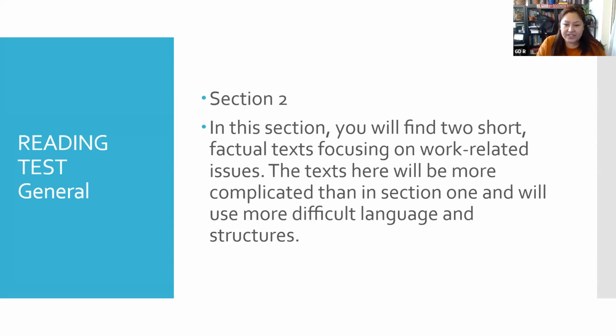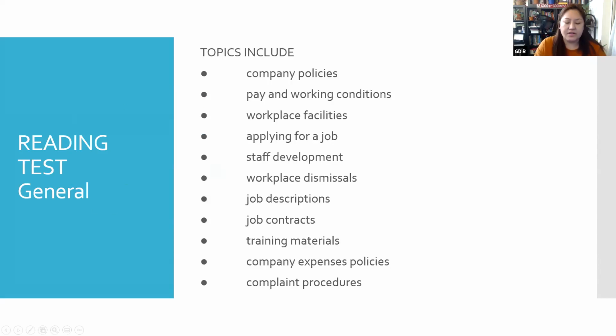So for section 2, the text would focus on work-related issues. So what kind of topics would you encounter? These are the topics: company policies, pay and working conditions, so maybe your labor contract, workplace facilities, memos that you would receive at work, how to apply for a job, staff development, or training manuals.